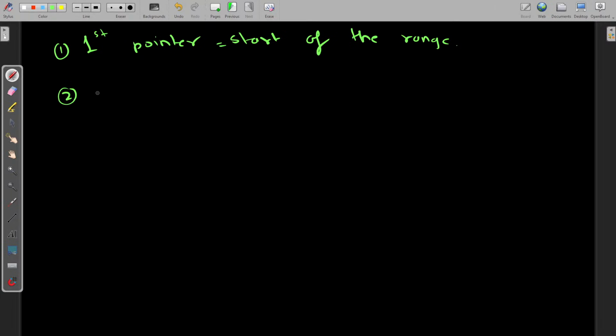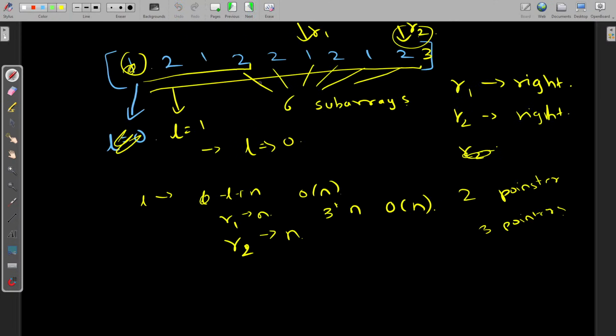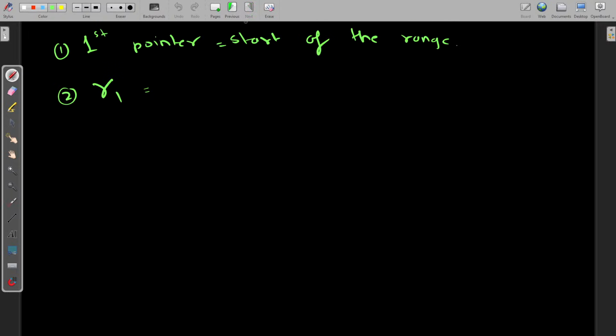The second pointer, which is R1, would be the minimum index which satisfies the second condition.